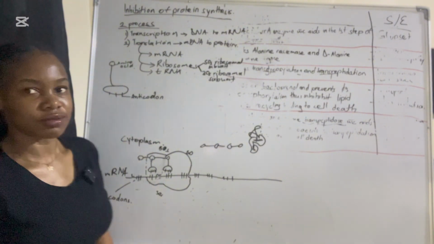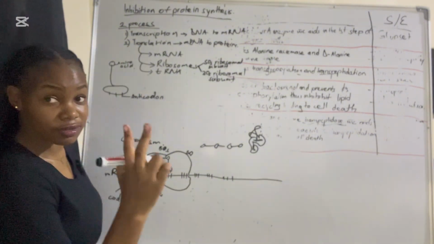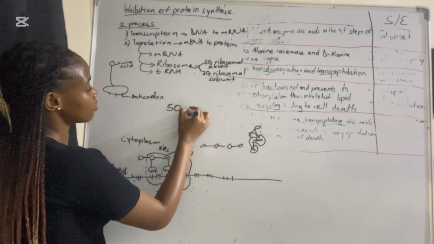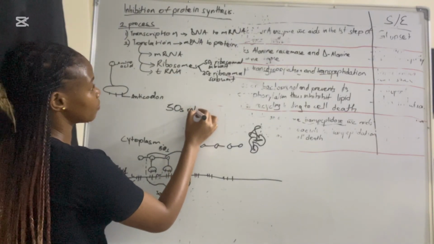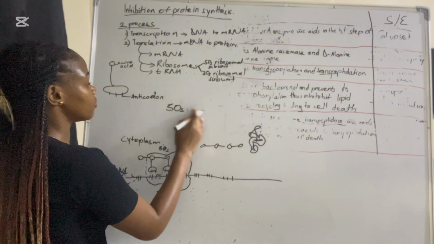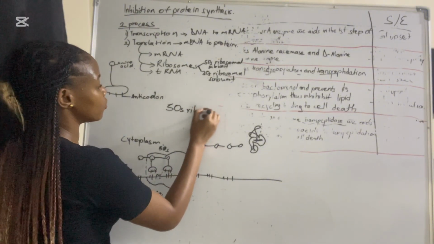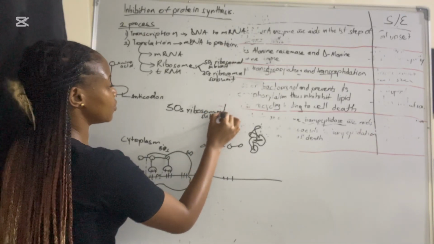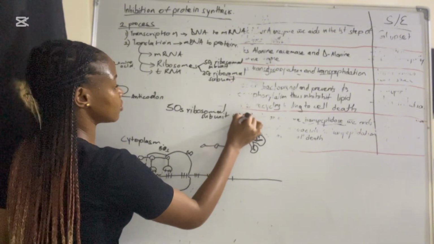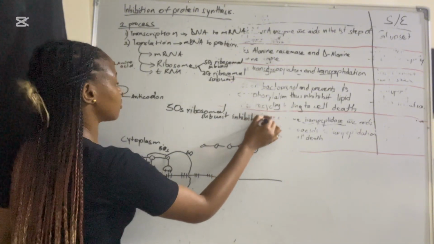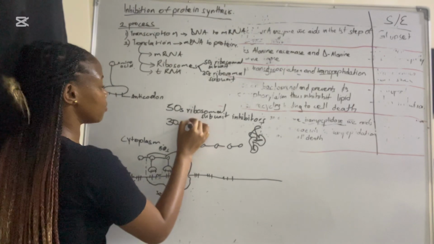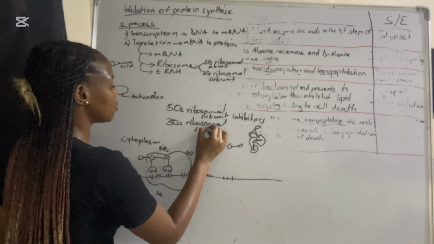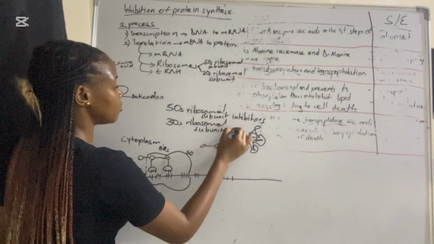So our main focus today is going to be about the two classes of drugs: the 50S ribosomal subunit inhibitors and the 30S ribosomal subunit inhibitors.